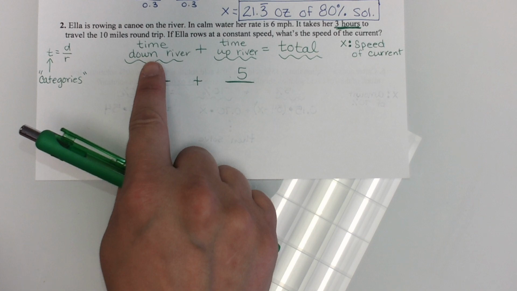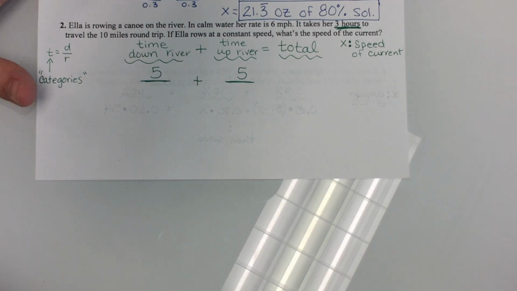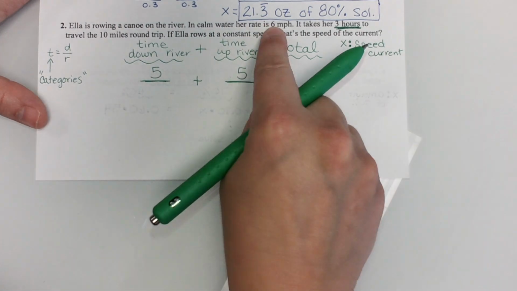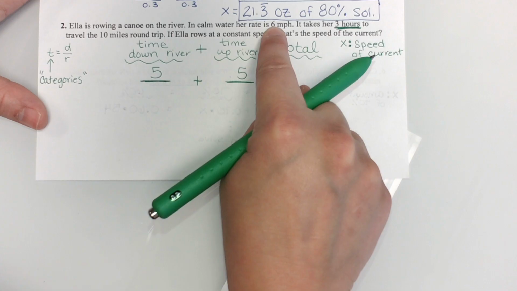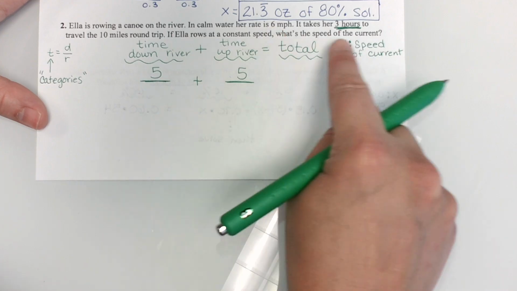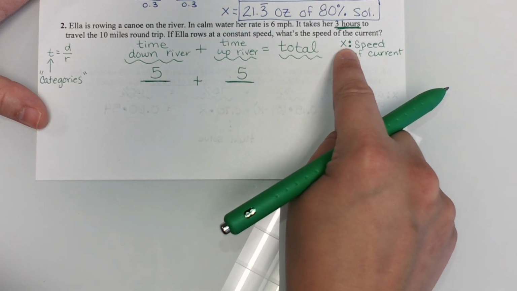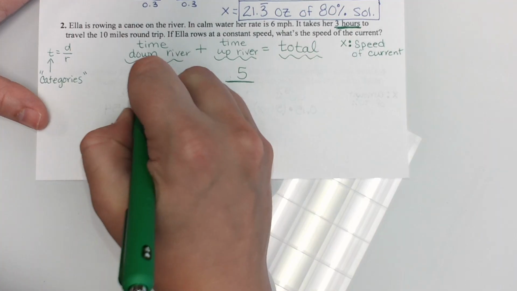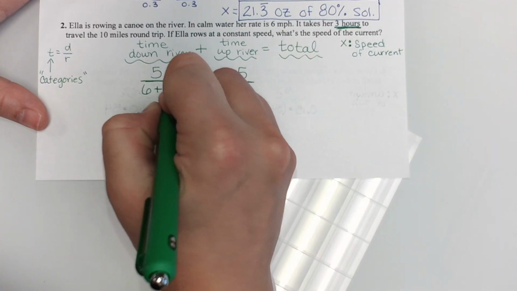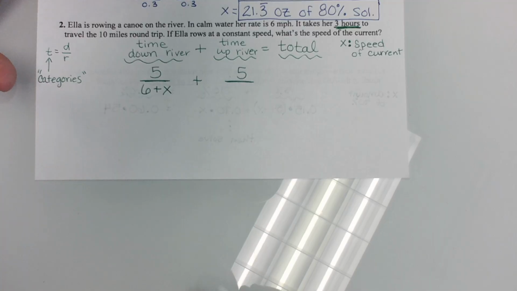Downriver means going with the current. Yes, it's increasing your speed. So if in still water she's 6 miles per hour and we're increasing it with the current, how do you increase something in math? You add: her speed plus the water current speeding her up.